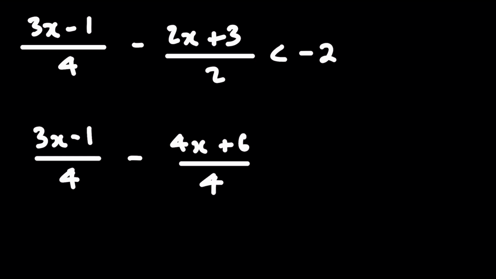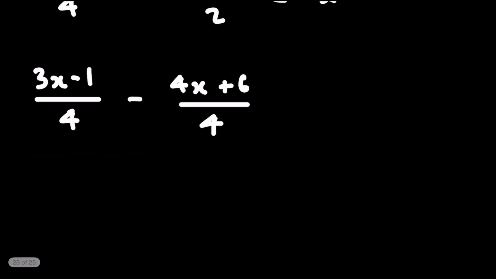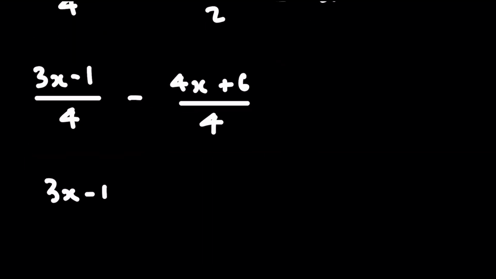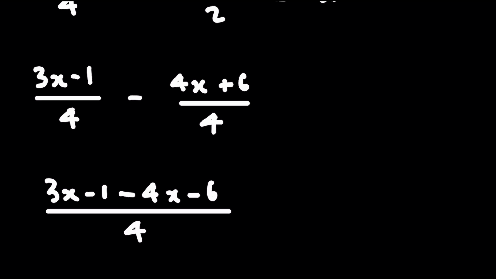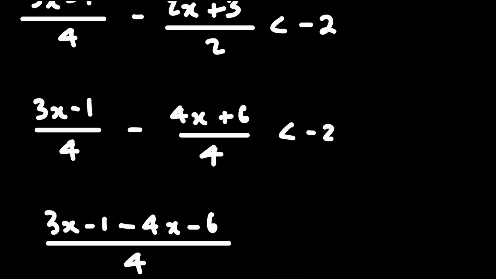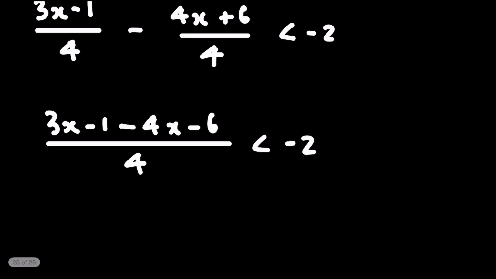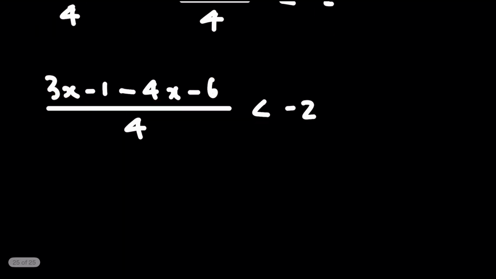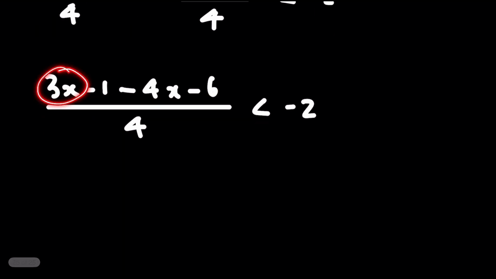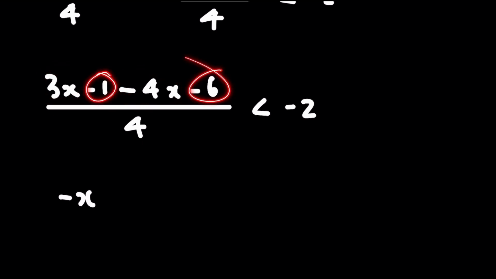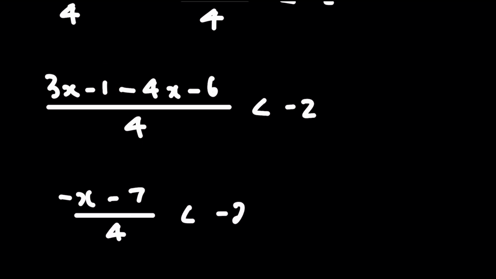And now, because I can merge the two fractions together, I can have 3x minus 1 minus 4x minus 6 all over 4. And that is less than minus 2. Now I can simplify the numerator by making 3x minus 4x equal to minus x, and then minus 1 minus 6 is the same as minus 7, all over 4.